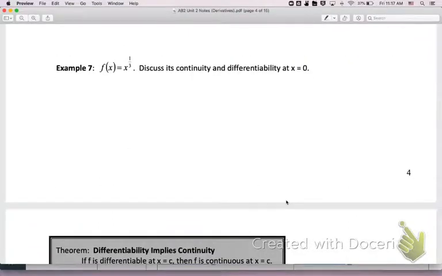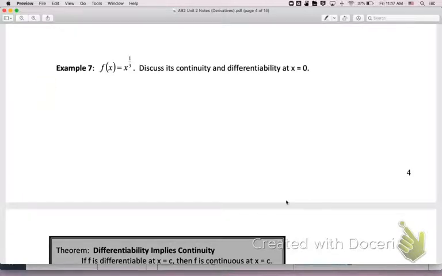So if we look at example 7, the question is: is this function continuous or differentiable or both or neither at x equals 0? So continuity, we can go through the formal definition, but I think we've got that down now. We know that f of x is continuous at 0.